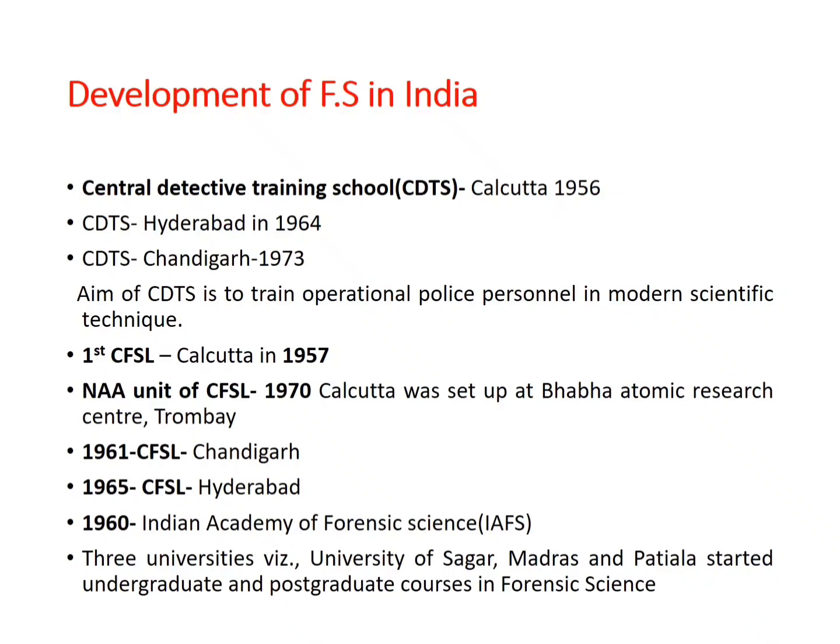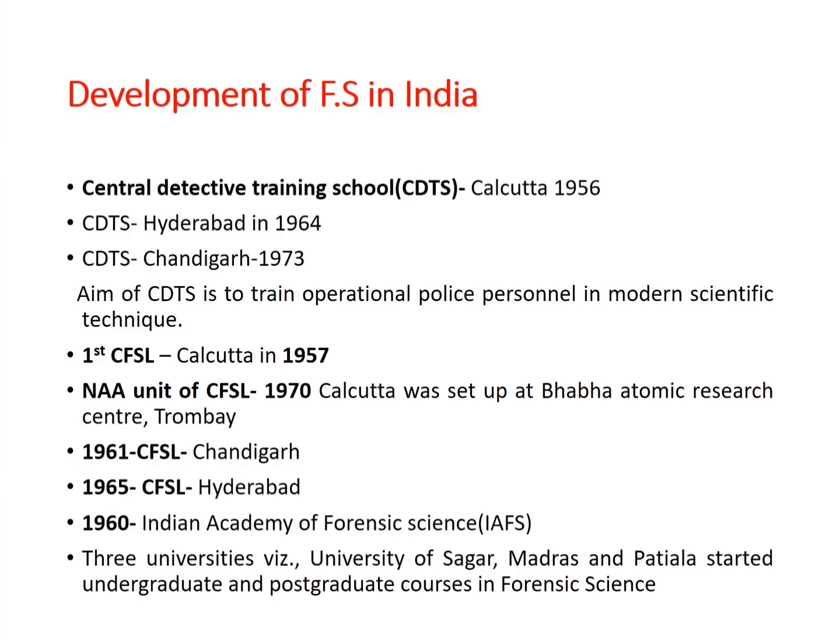Now coming to the next, that is the Central Forensic Science Laboratory. The first Central Forensic Science Laboratory was established in Calcutta in the year 1957. Initially this laboratory had four basic disciplines, that is forensic physics, forensic chemistry, forensic biology, and forensic ballistics.